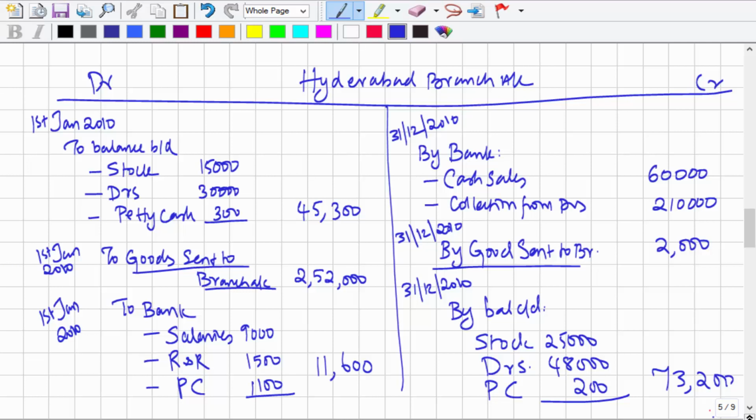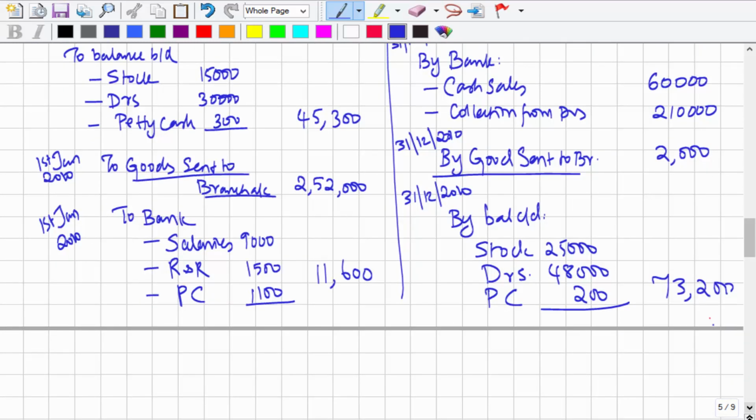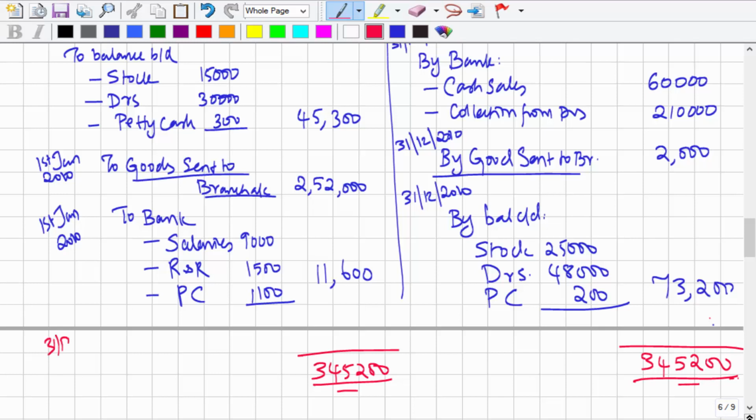Now what we'll do? We'll add up all this. We'll add and see. So I think on the credit side we have a lot. So if you add on the credit side, it is going to be 3,45,200. So let's write on both sides, 3,45,200. It means on the debit side there is going to be a balancing figure, and that balancing figure is nothing but the profit. Okay. So on 31st December 2010, there is a balancing figure, and that works out to 36,300, and this should get transferred to general P&L.